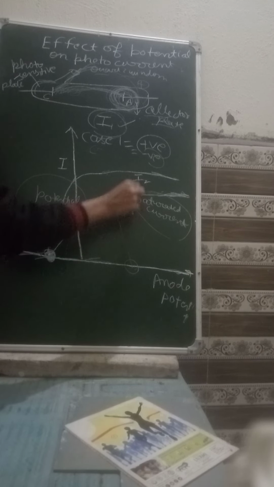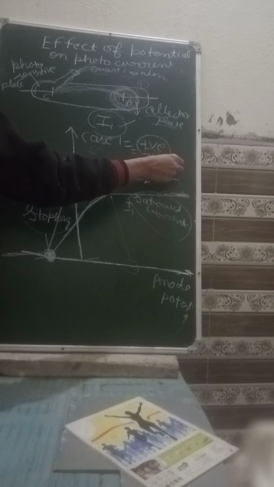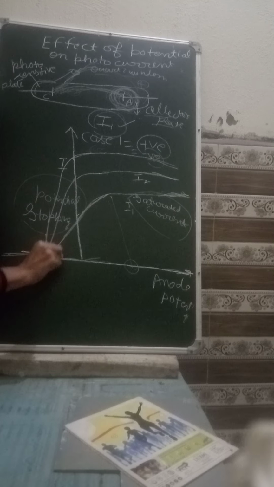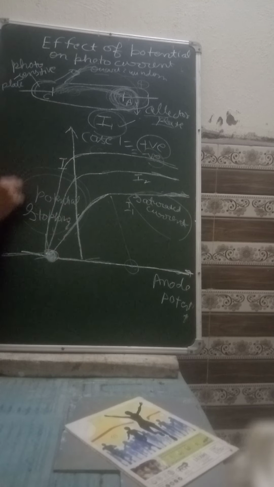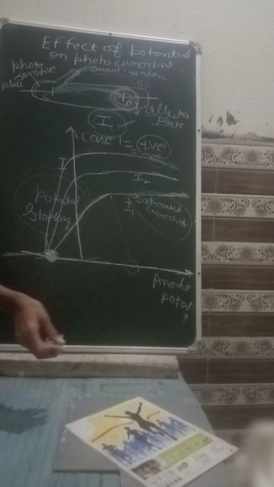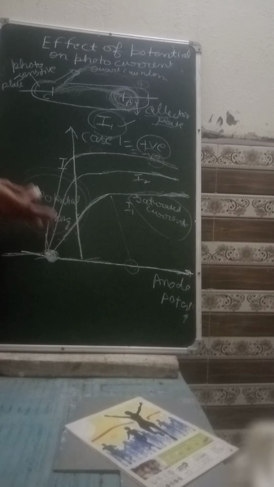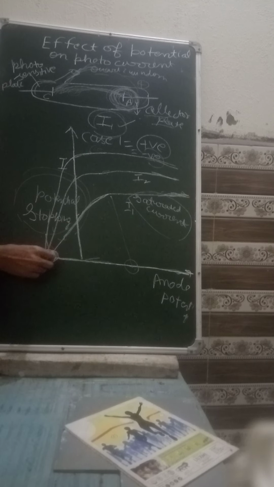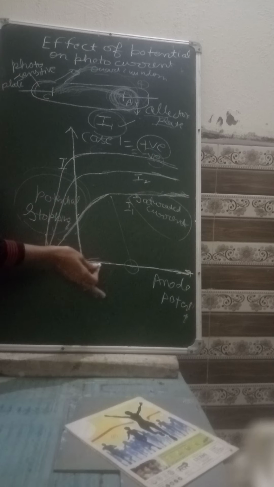This is for I2, this is for I1, and for intensity 3 the saturation current will increase further, but the stopping potential will remain the same. So what we have concluded is that the stopping potential does not depend on intensity. No matter how much we increase the intensity, the stopping potential is not affected. Stopping potential is independent of intensity. So this is the effect of potential on photocurrent.